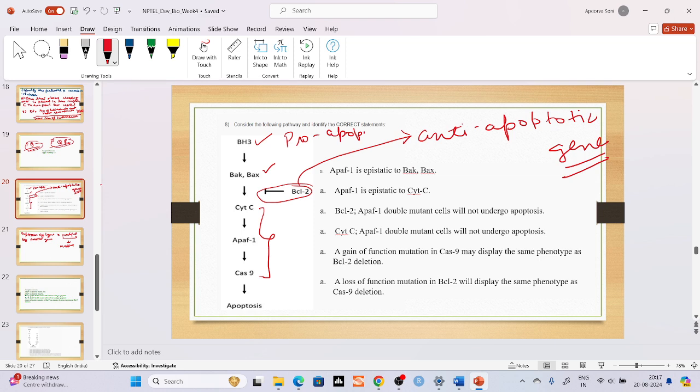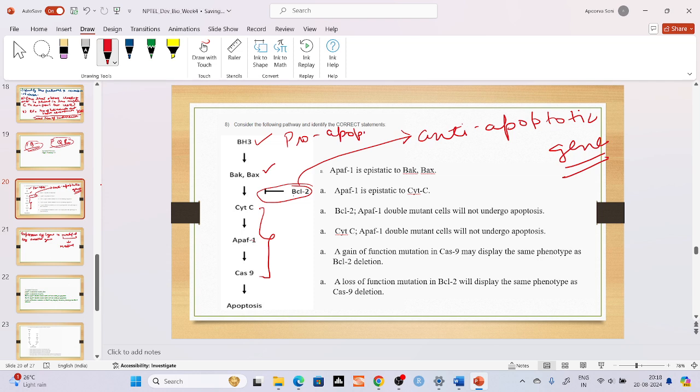That means even in the presence of BCL2, APAF is able to show its function. Okay, what does it mean? It means that APAF has a very dominant role here.